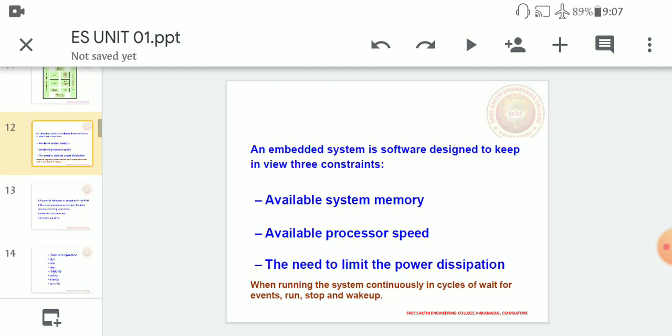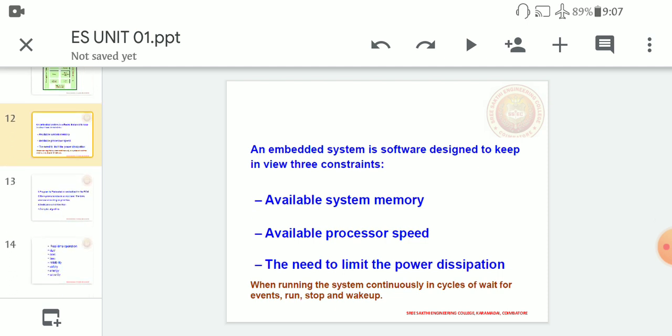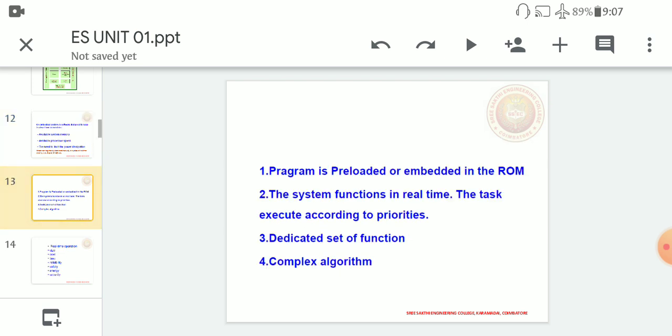And here are certain examples. So how can embedded systems be designed, or how can embedded components be chosen? Based on the available memory, available processor speed, and the power dissipation, the component can have multiple segments.